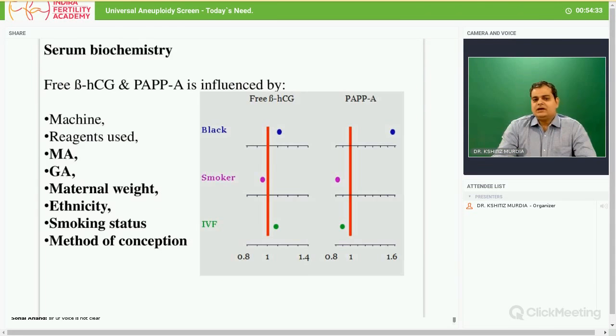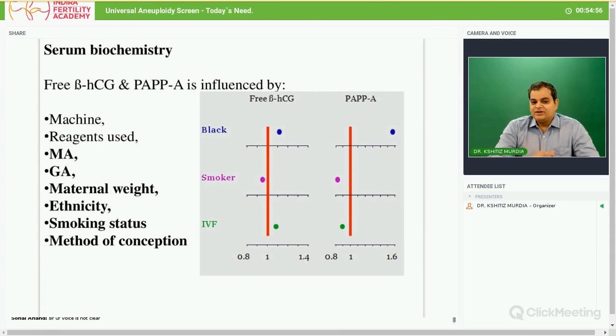But whenever we send the test to the laboratory for the combined test, the levels of the serum biomarkers are affected by the machine reagent used, and can also be affected by maternal age, gestational age, maternal weight, ethnicity, smoking status, and method of conception.